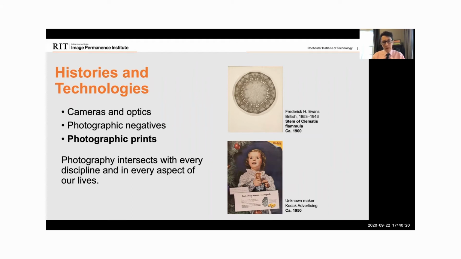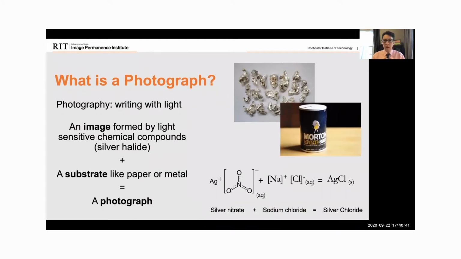And when it comes to the technologies, we have the cameras and optics, we have photographic negatives, and we have photographic prints. Photographic prints are often very difficult to identify. Many of them look very similar to one another, and we'll get more into that. And so many of our resources really focus on understanding photographs and photographic prints. So this begs the question, what exactly is a photograph?